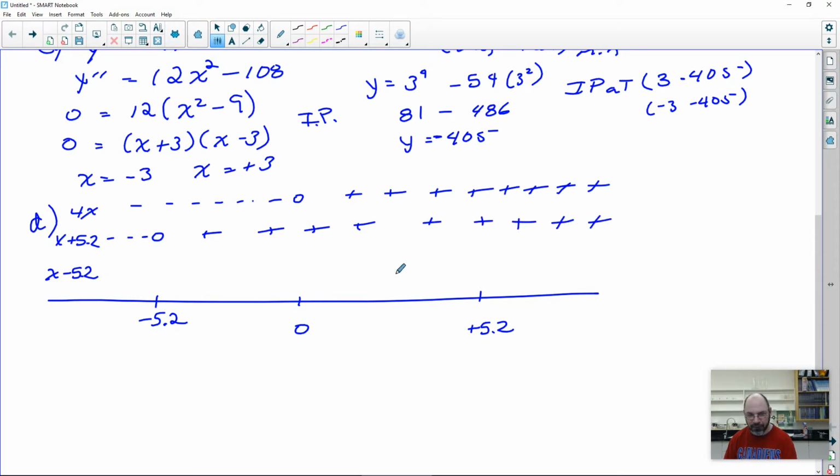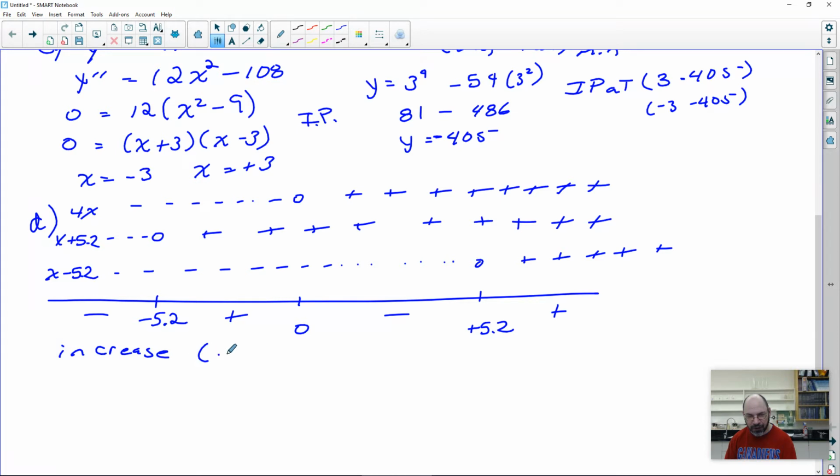And this one here would be 0 at positive 5.2, negative below it and positive above it. If we multiply these together: negative, positive, negative, that's positive. Positive, positive, negative, that's negative. Three positives.